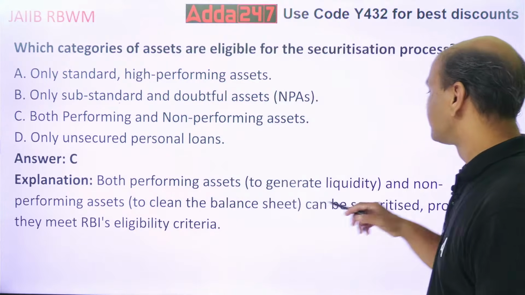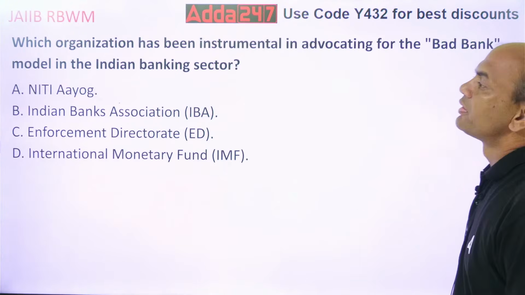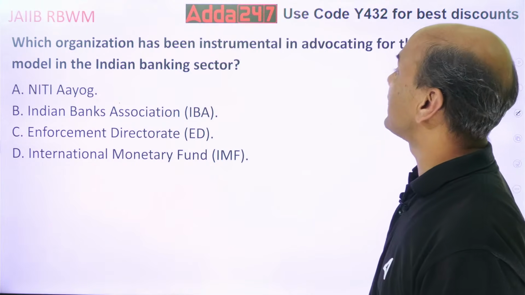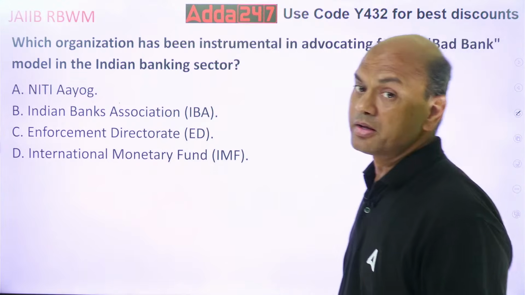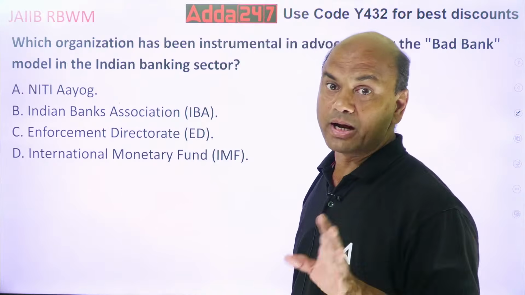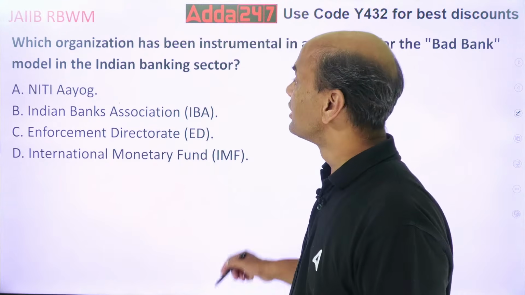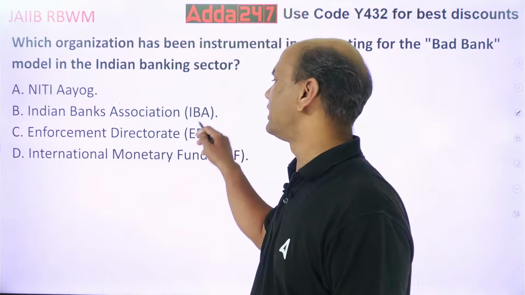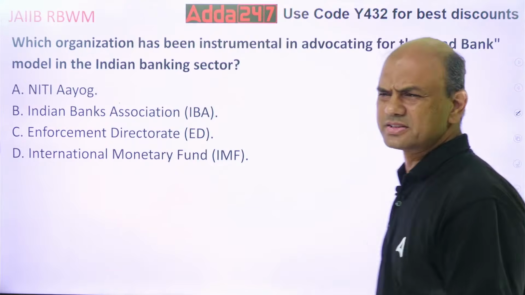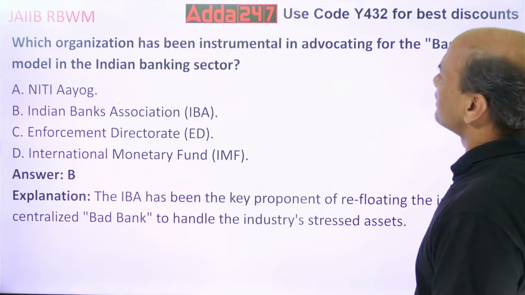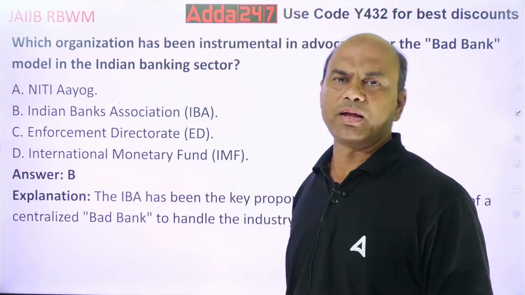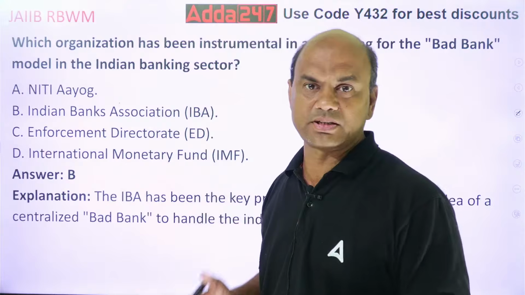Got it? Which organization has been instrumental in advocating for the bad bank model in the Indian banking sector? Bad bank, again you will find it in the chapter. Niti Aayog, IBA, ED or IMF. I'll give you the answer, I know many of you might not know it. It is IBA, Indian Banking Association. IBA created this bad bank concept.